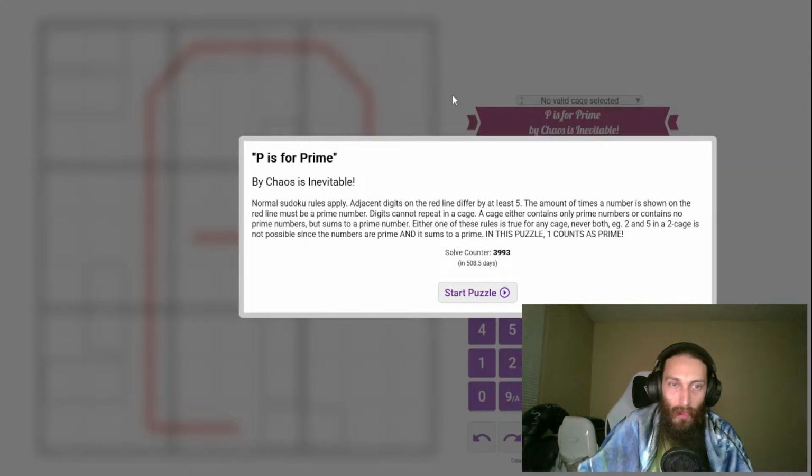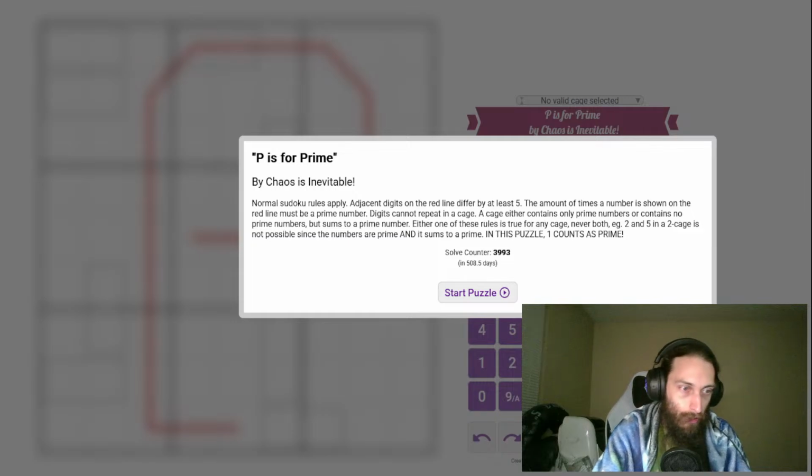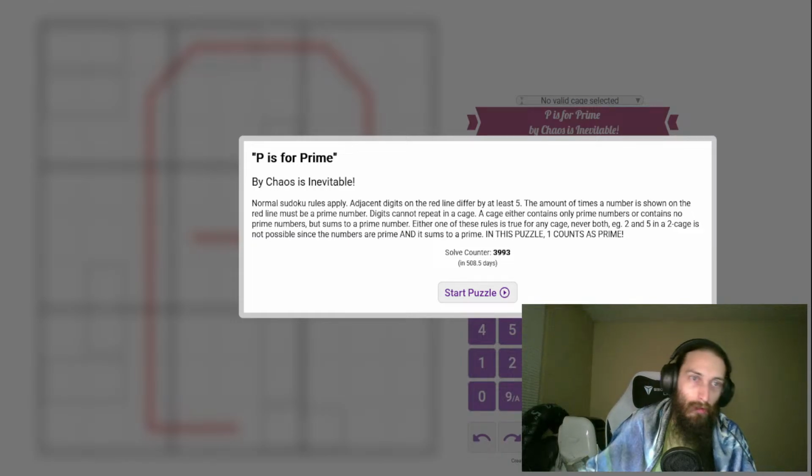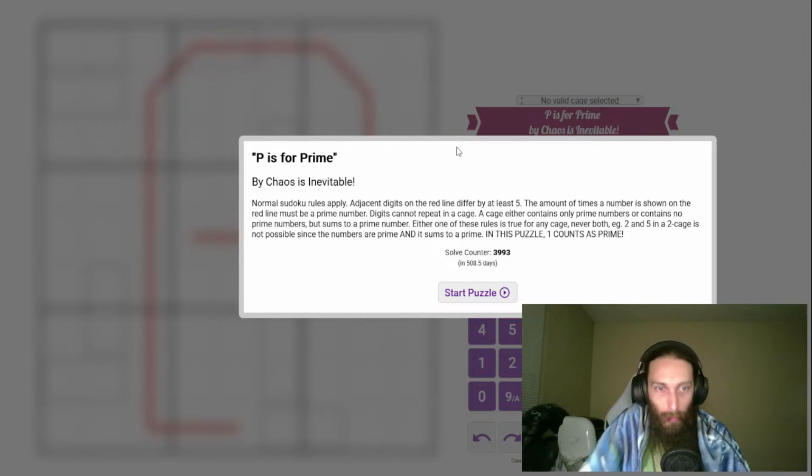Alright. Second puzzle today is P is for Prime by Chaos Is Inevitable. Chat, if you'd like to give it a go. Normal Sudoku rules apply. Adjacent digits on the red line differ by at least 5. The amount of times a number is shown on the red line must be a prime number.